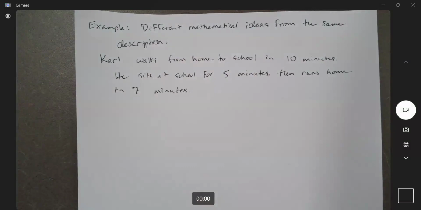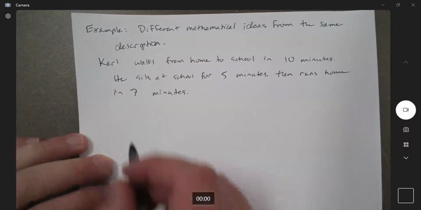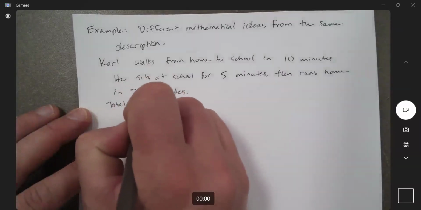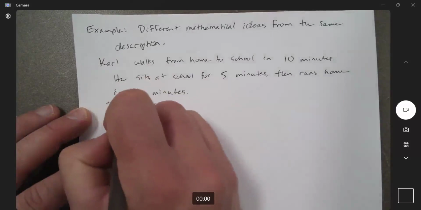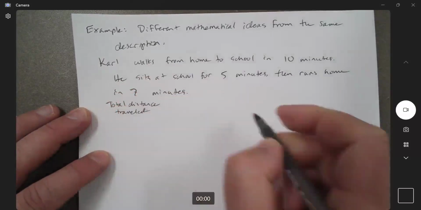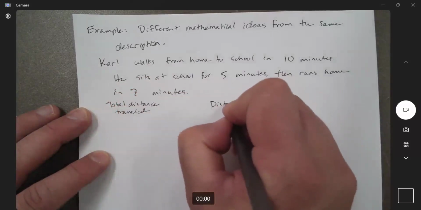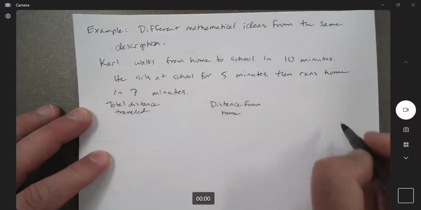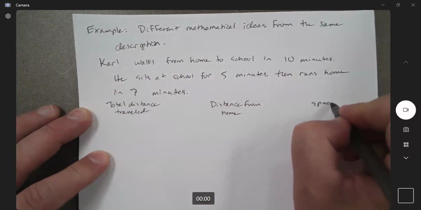We're going to represent 3 different mathematical ideas in graphs from the same description. We're going to represent the total distance traveled, the distance from home, and speed.